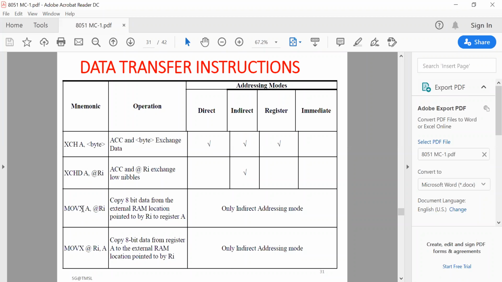And MOVX basically represents the external memory, so it copies 8 bits of data from the external RAM location pointed to by any register, suppose R0 or R1, to register A. Okay, so MOVX A, @Ri is called the external RAM operation. MOVX @R0 or R1, A means from the accumulator to the external RAM.